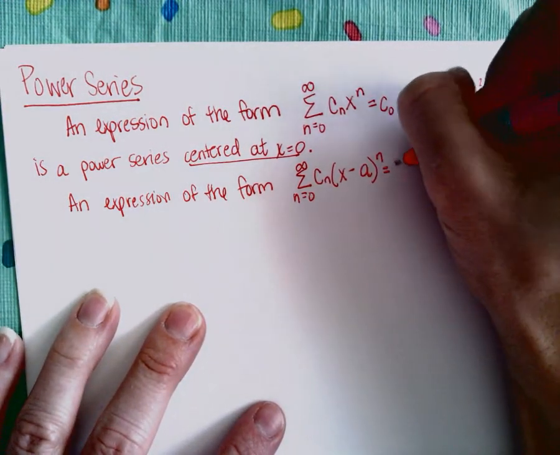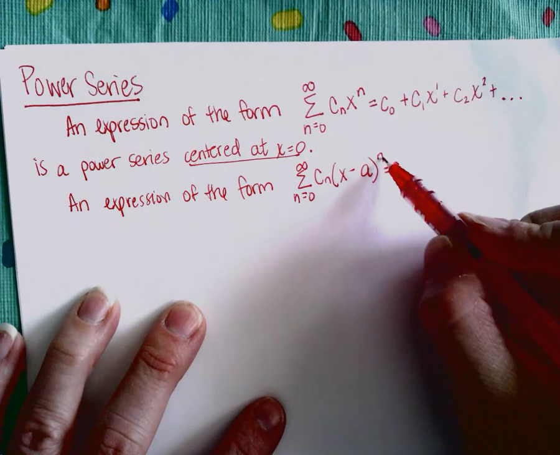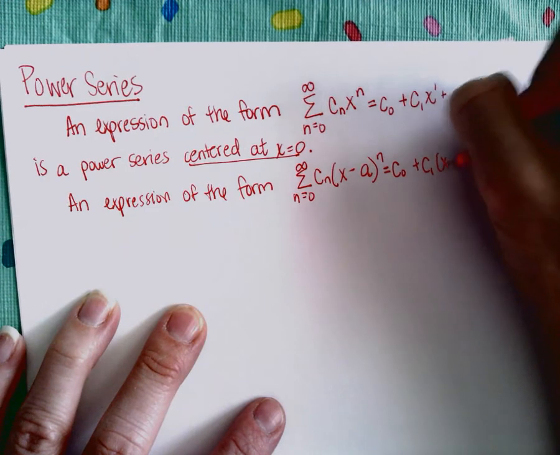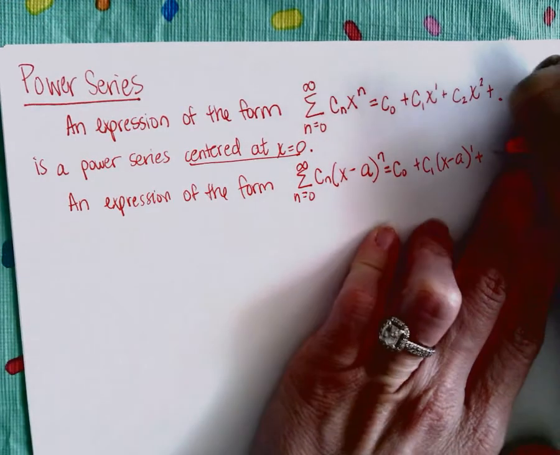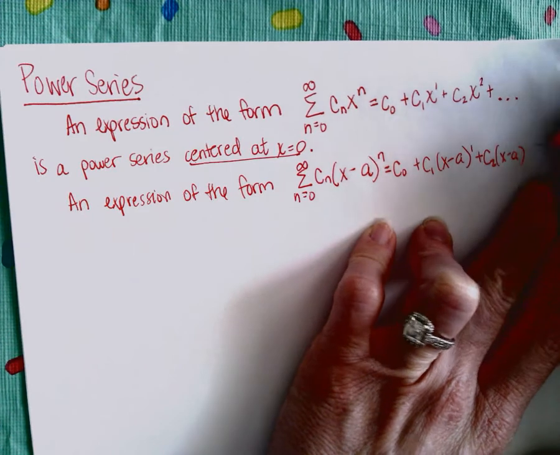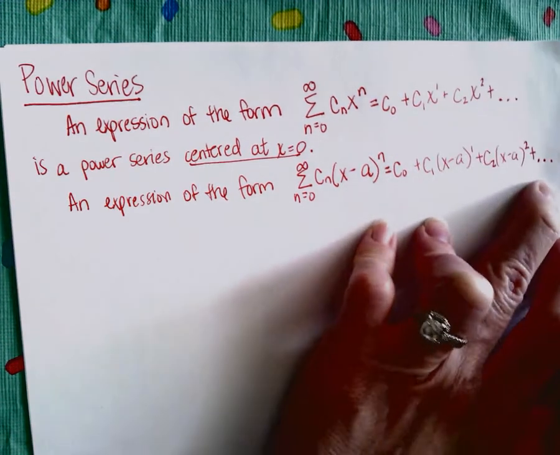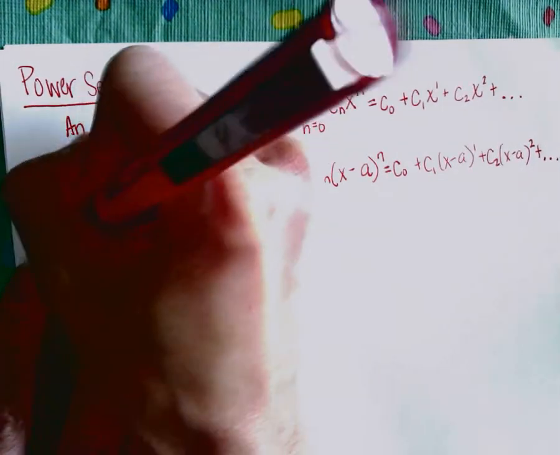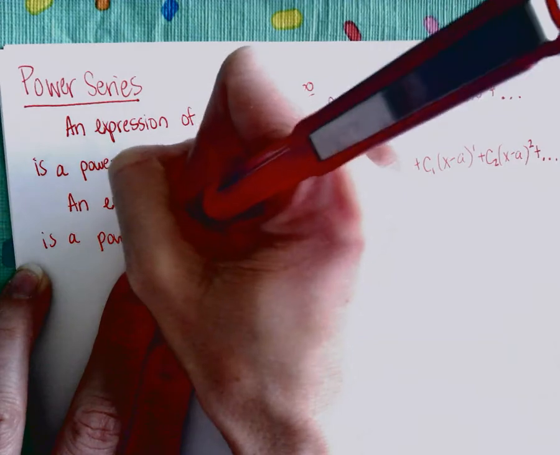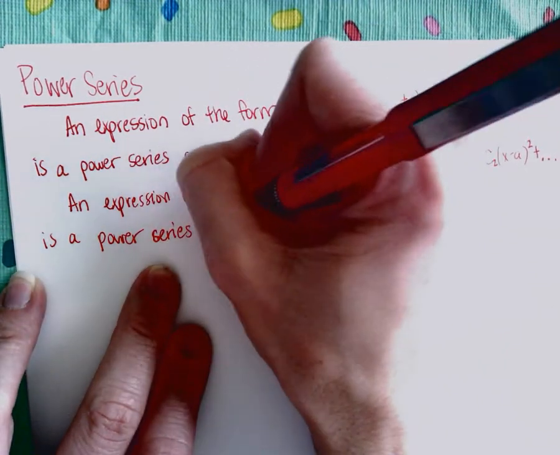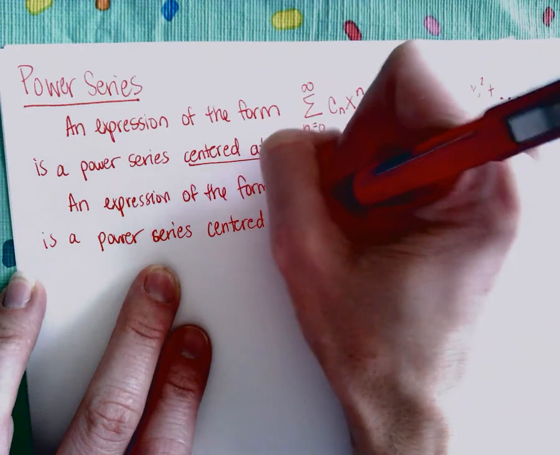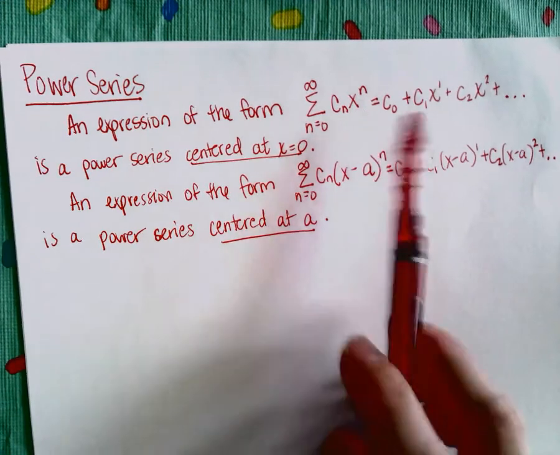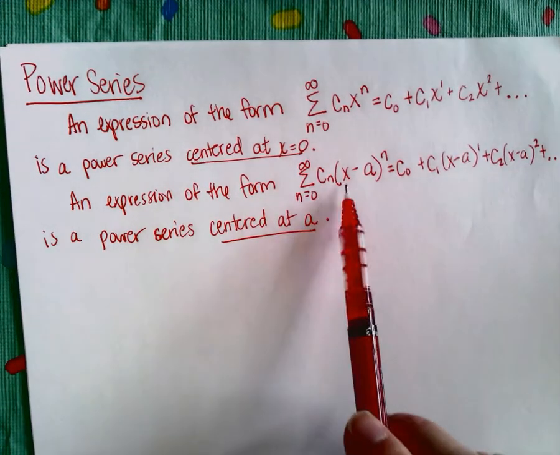That'd be c sub 0, because when I plug in a 0 here, anything to the 0 power is 1, plus c sub 1 times x minus a to the first, plus c sub 2 times x minus a squared, etc. If it's in this format, that is a power series centered at a. So a power series centered at 0 is where it's just the x, and a power series centered at a is whenever we have subtracted that there.